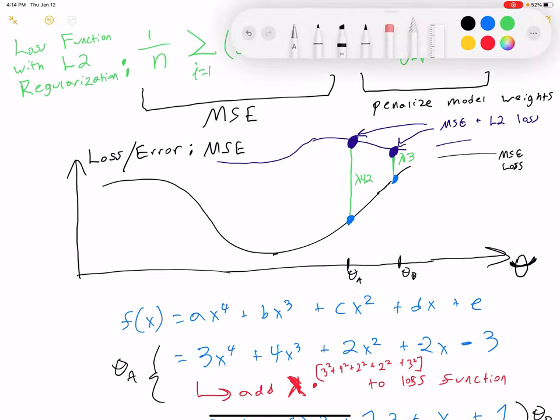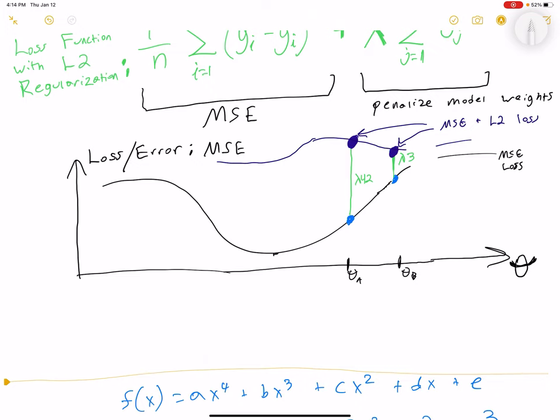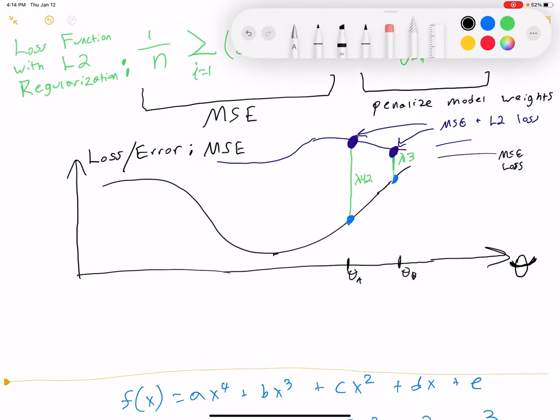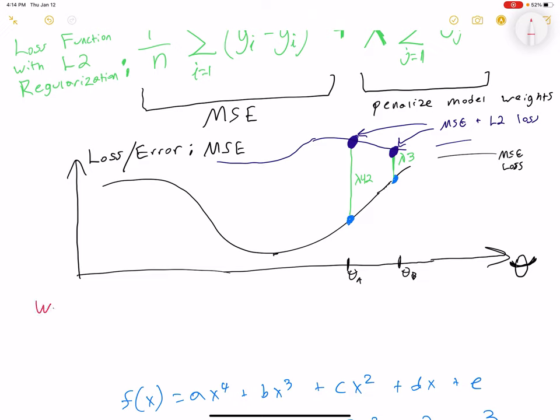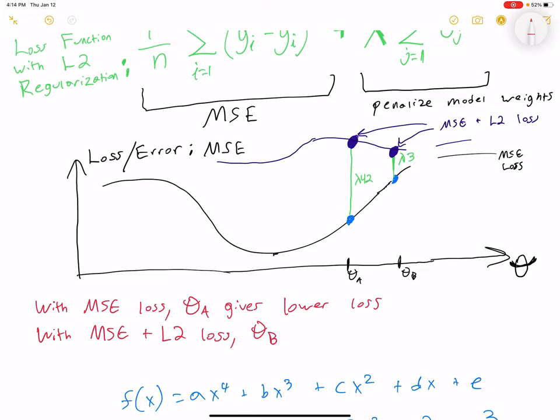With MSE loss, parameter set A gives lower loss, but with MSE plus L2 loss, parameter set B gives lower loss.